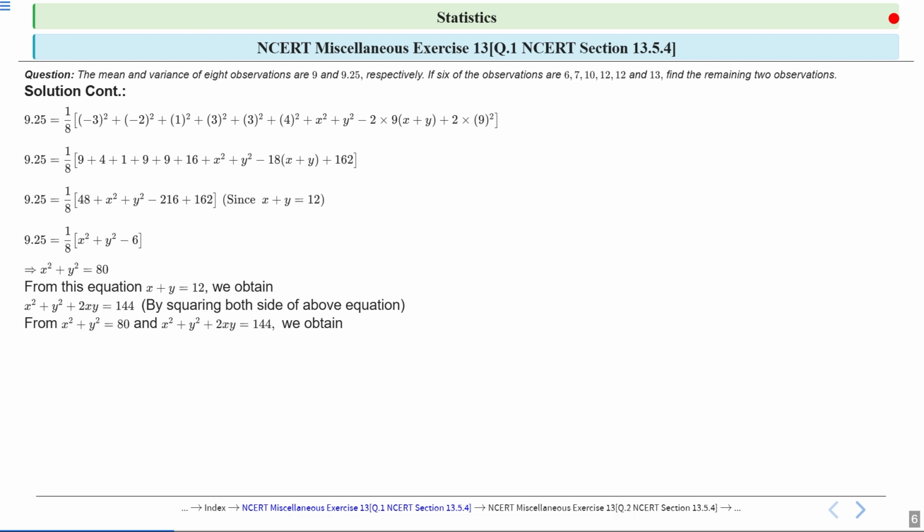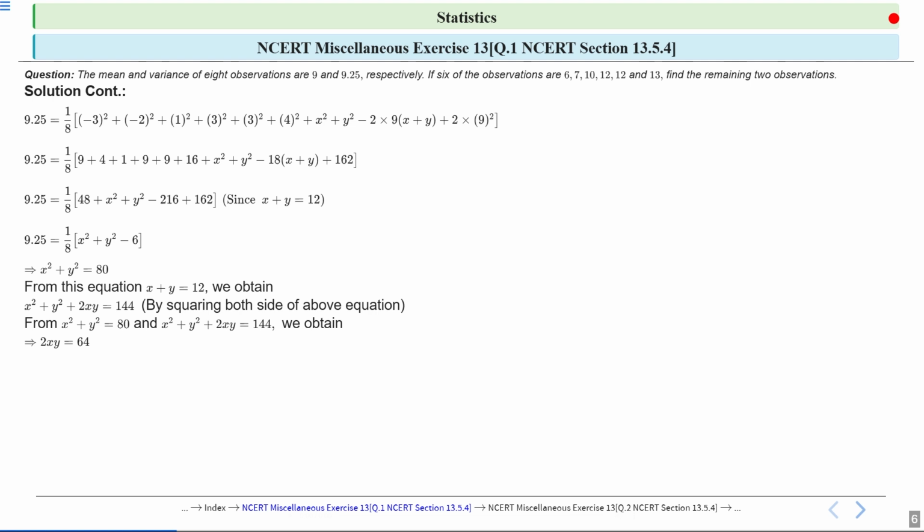Now let's use both equations together. So we have x square plus y square equal to 80 and x square plus y square plus 2xy equal to 144. So by comparing these, we can solve for 2 times xy.